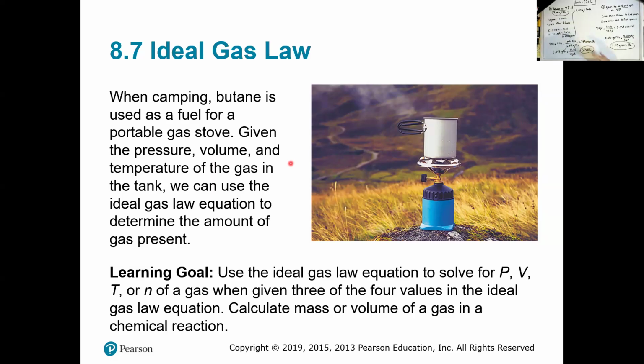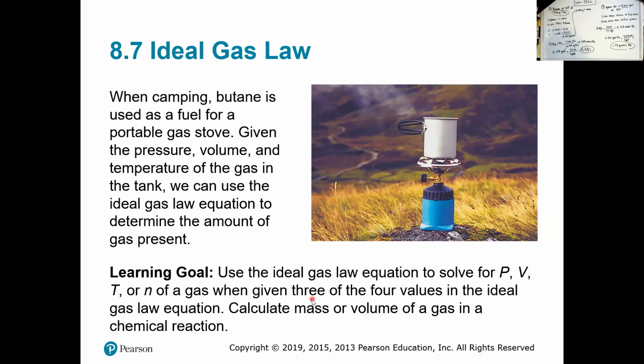With our ideal gas law, we're setting up an equation for ourselves that is able to relate those four properties of gas that we've talked about: pressure, volume, temperature, and moles. And it allows us to find a missing variable as long as we know the other three.